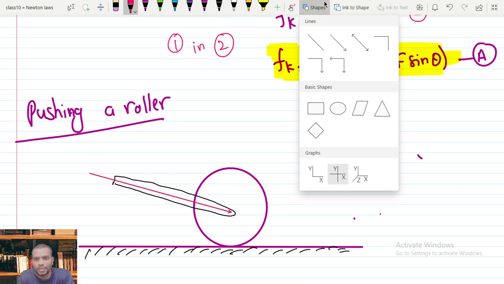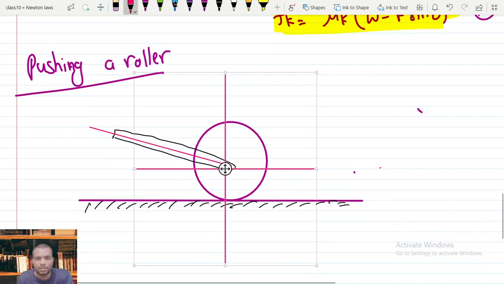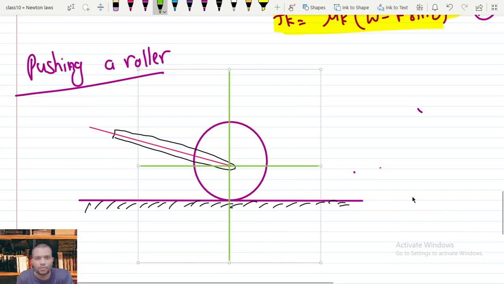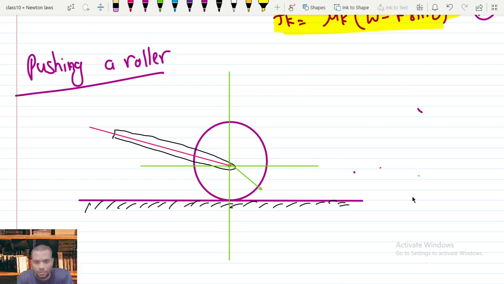As usual, take the coordinate system at the center, an imaginary coordinate system to find the forces. If you extend this force, it acts along this direction, so I can represent it with that.